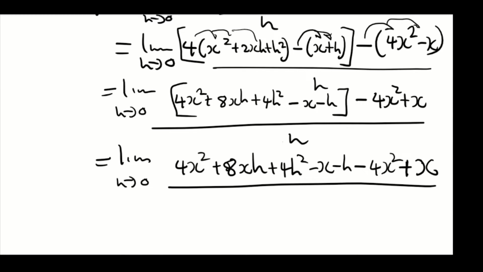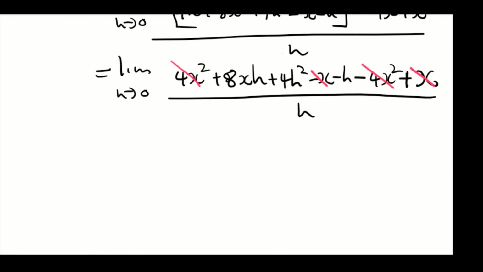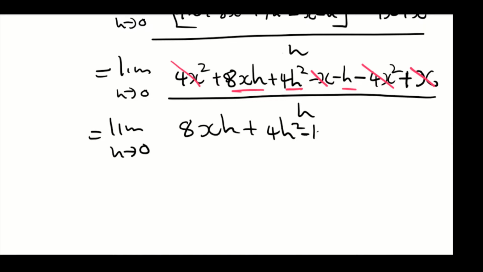Now we're going to cancel out this minus 4x squared with this plus 4x squared, and the x goes away with this x, and then we remain with these expressions here. So it's going to be the limit when h approaches 0 of 8xh plus 4h squared minus h, over h.